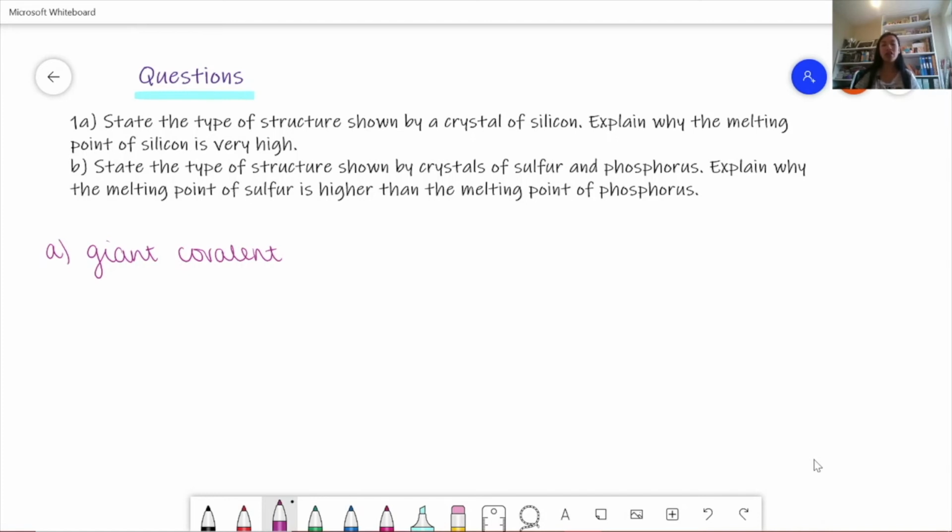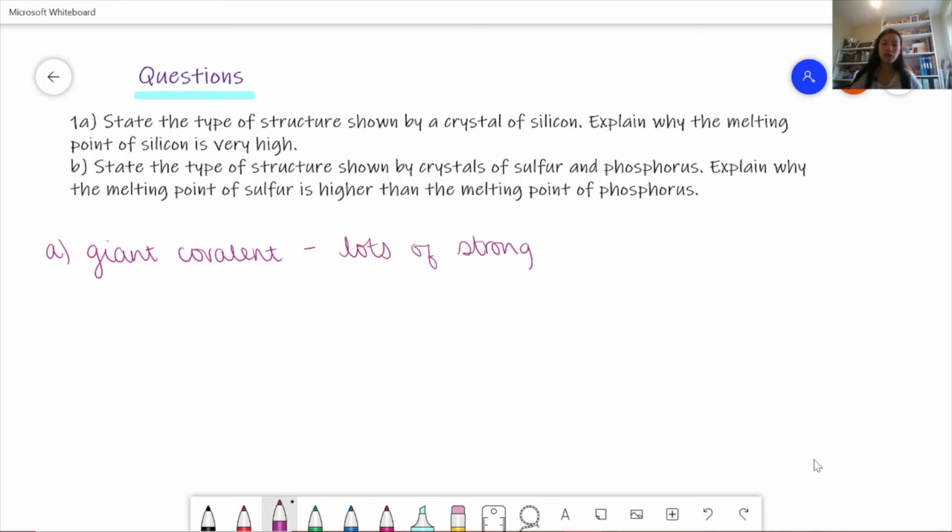So it still has the covalent bonds, but it forms a giant structure. And so it has a really, really high melting point because these strong covalent bonds take a lot of energy to overcome.